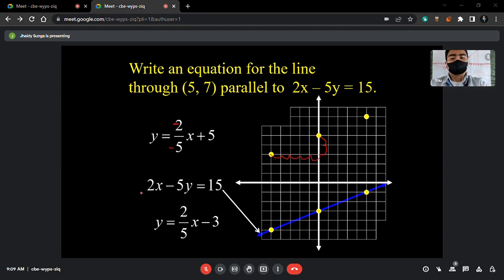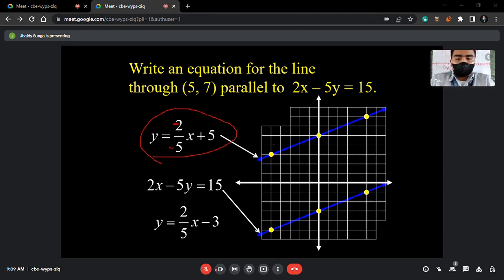In that case, we could see that you have your line. This is the line for this equation. Now, the question is, are they parallel or not? Of course, they are parallel.